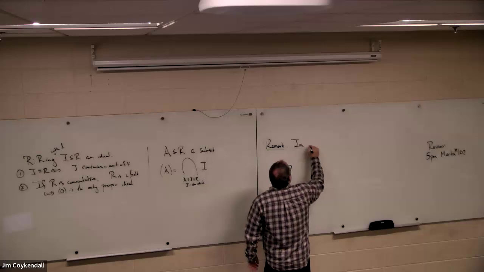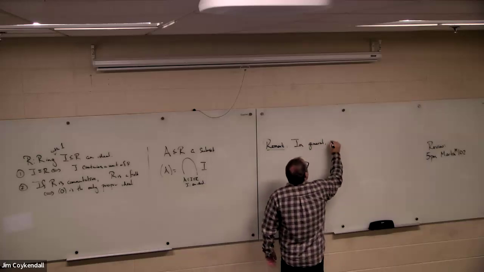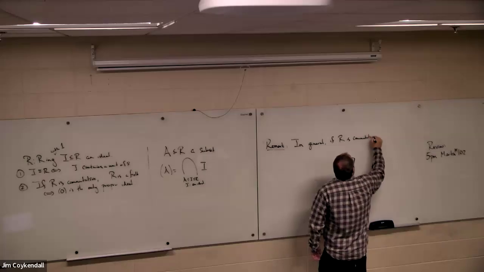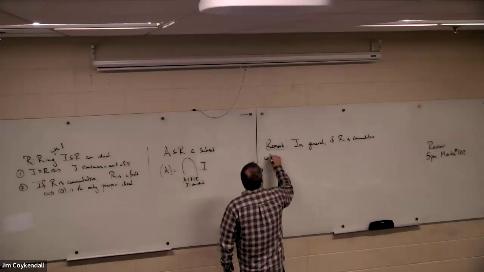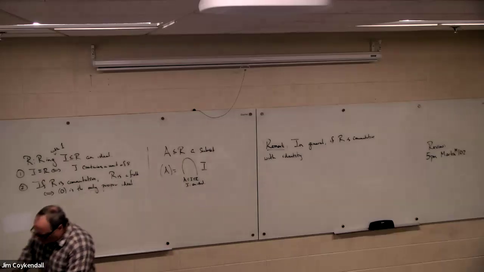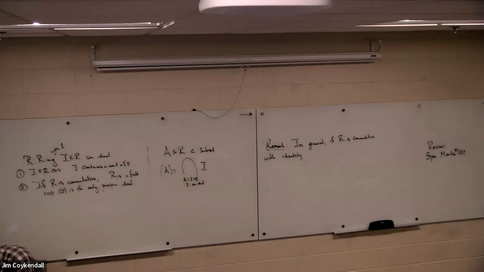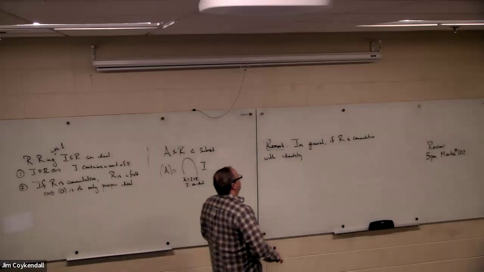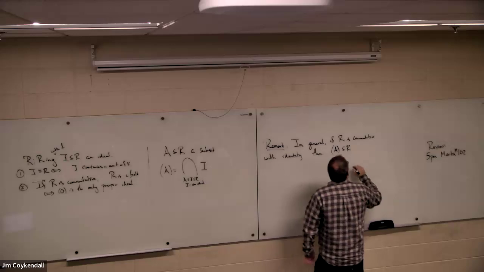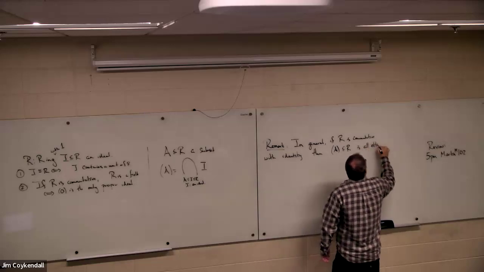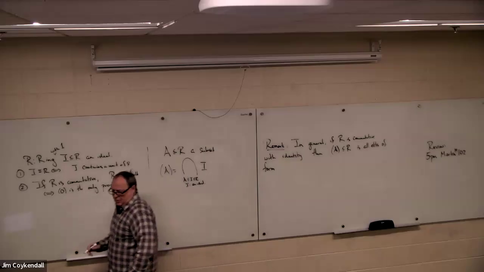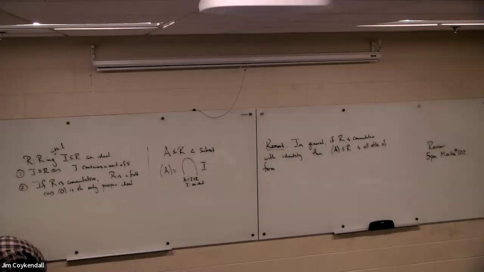So in general, if R is commutative with identity, then what do the elements in RA look like?